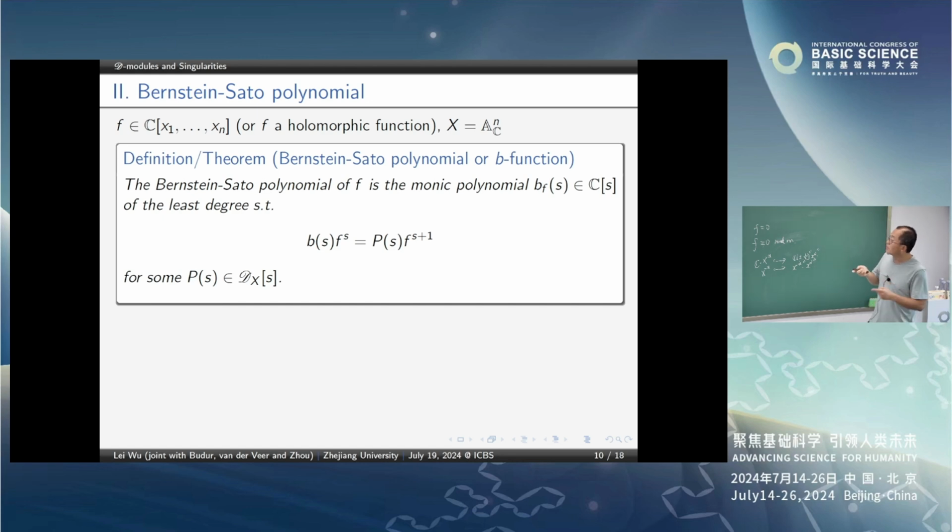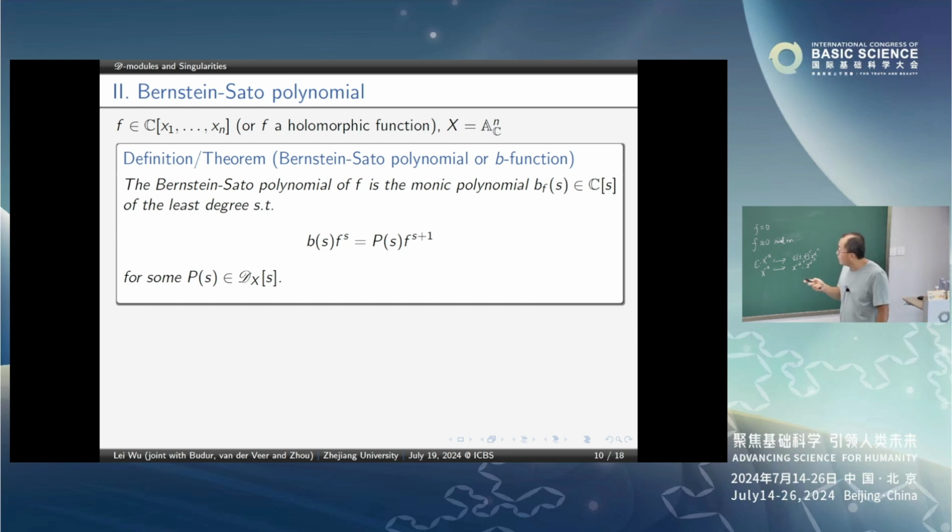Now we consider a complex situation. F is a polynomial with complex coefficients, or a holomorphic function if you work in the analytic category, and we still take X to be a smooth variety.